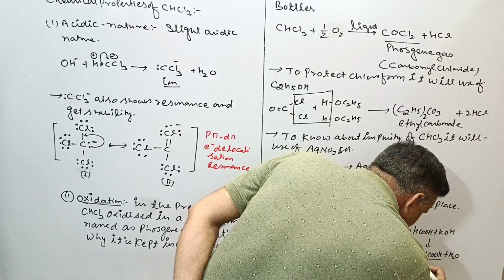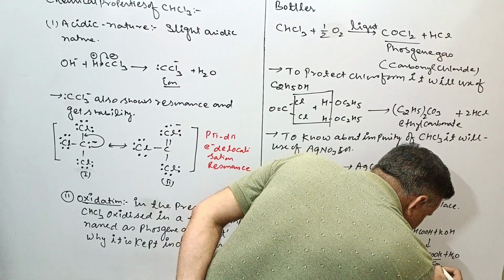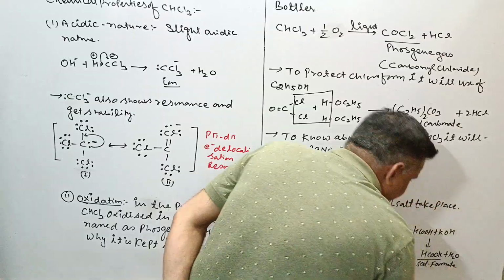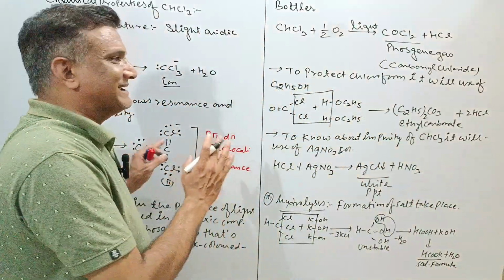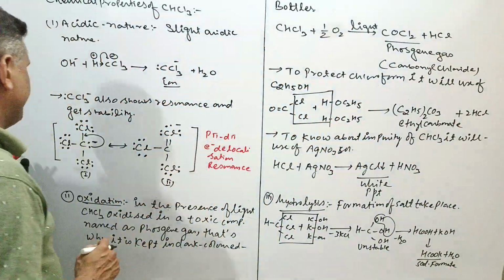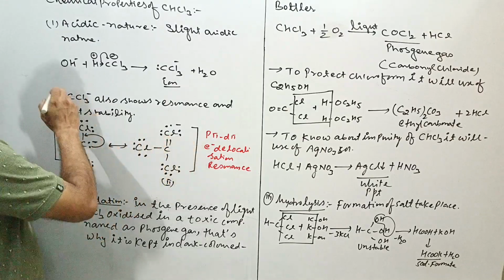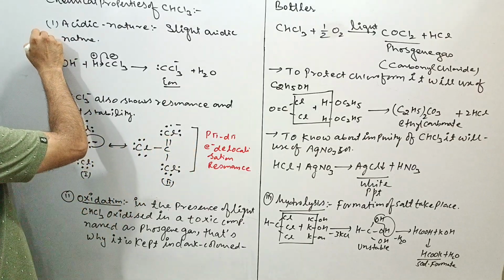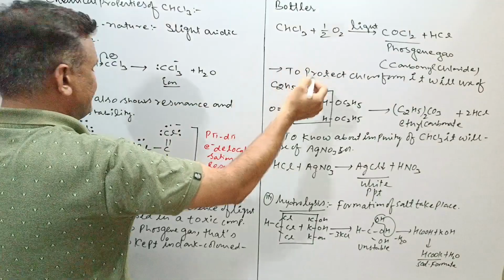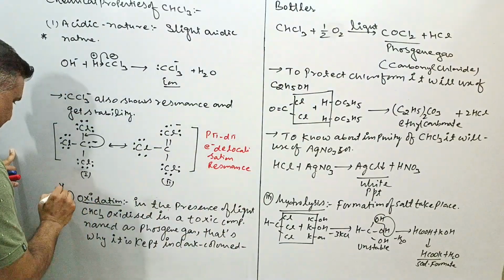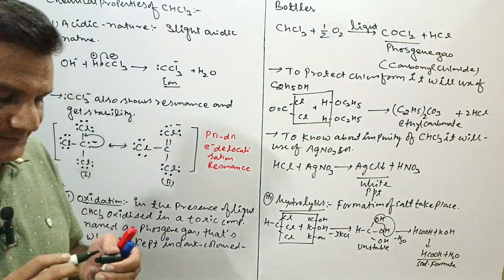This is potassium formate. So this was about the first, second, and third chemical property, where this property is very important as acidic nature and oxidation. See the entire matter properly.